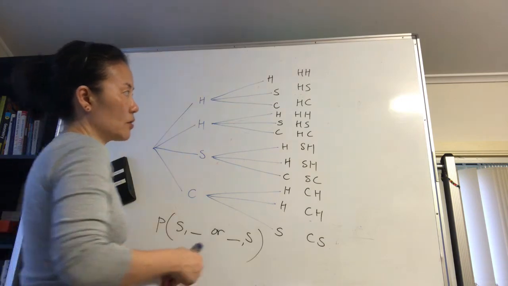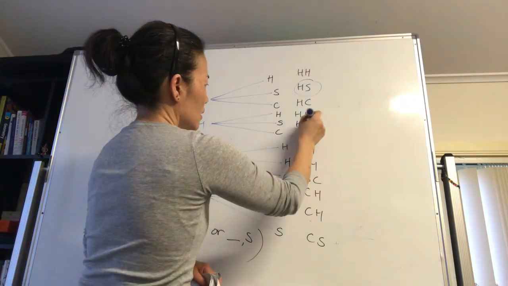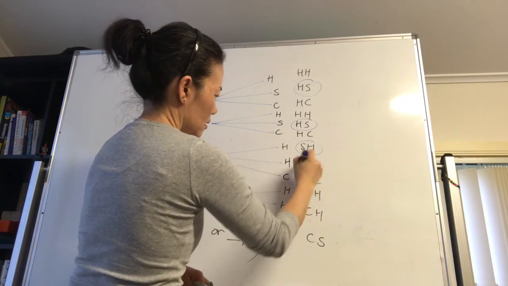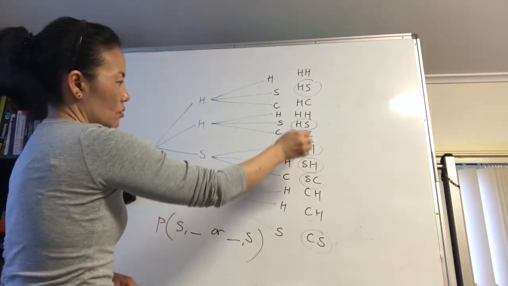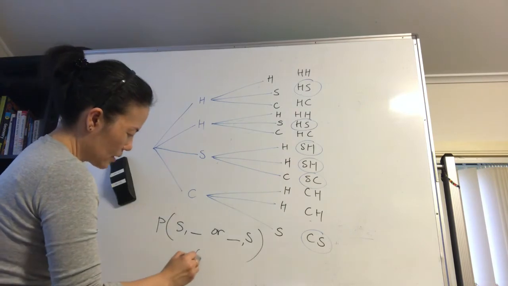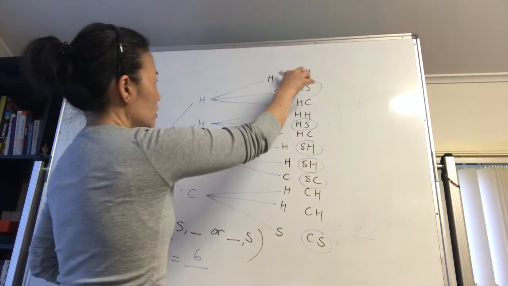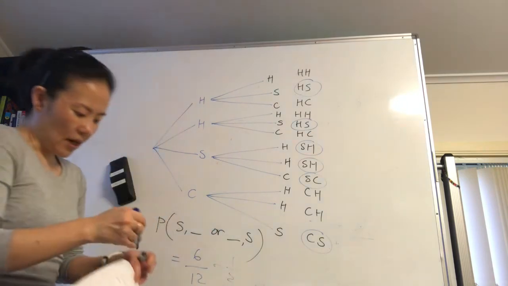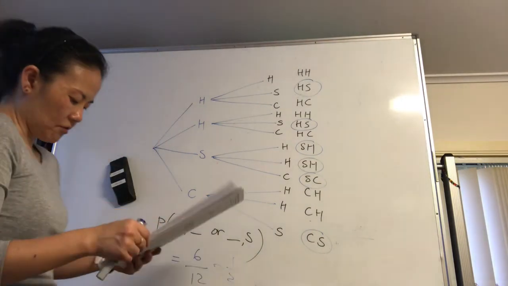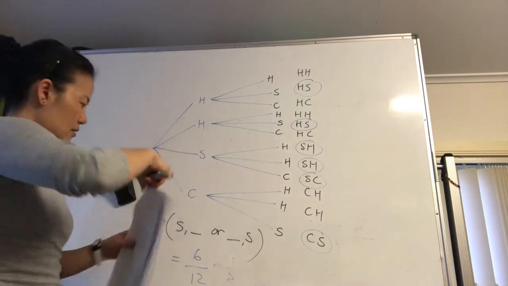So anything with a spade. So what's that? 1, 2, 3, 4, 5, 6. 6 out of, oh, by the way, what's the total? 3, 4, 12. So it's a half, okay? So the answer is half. All right, that's not too bad.